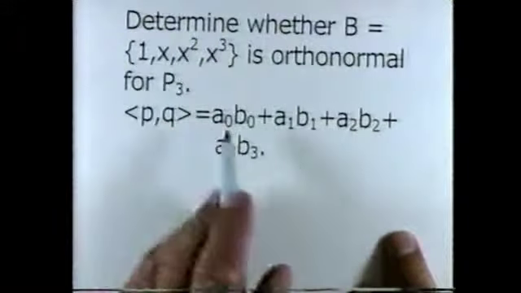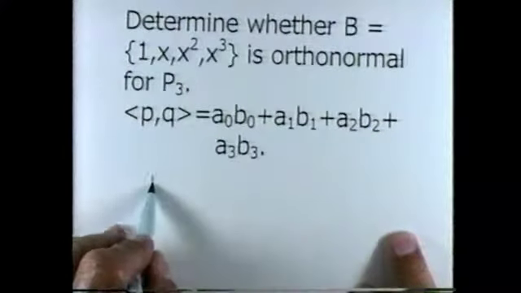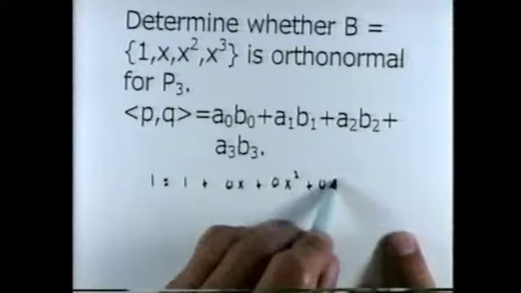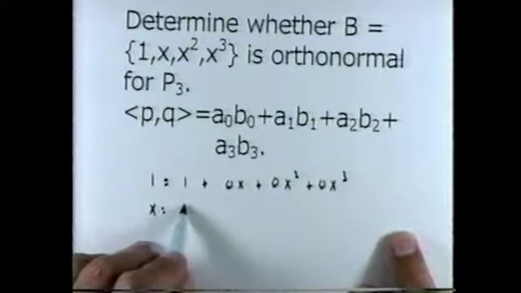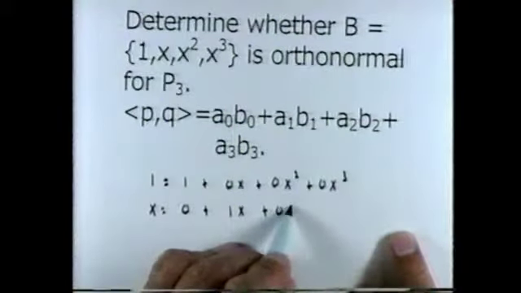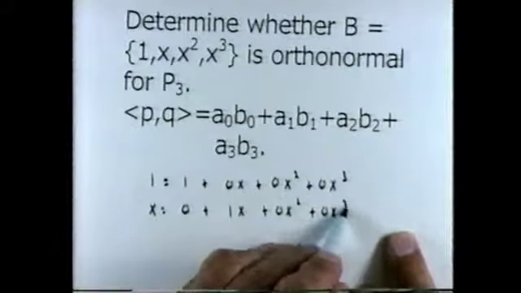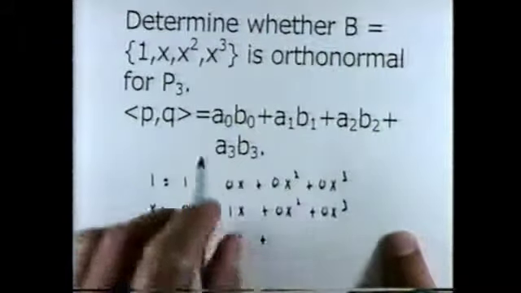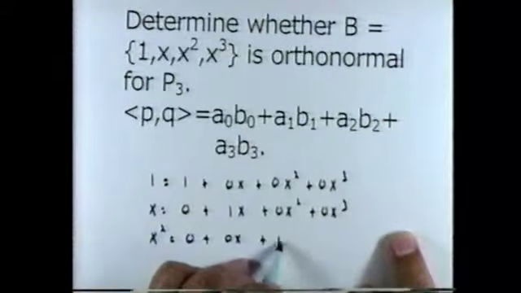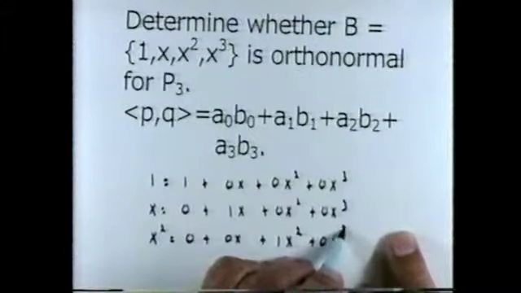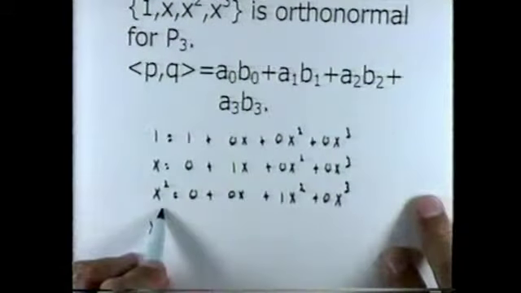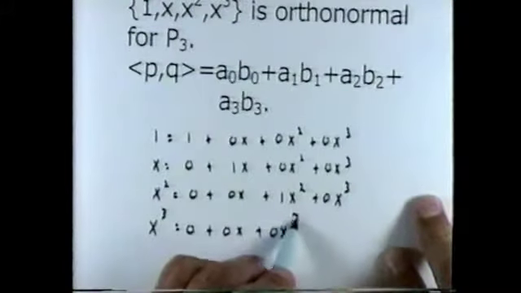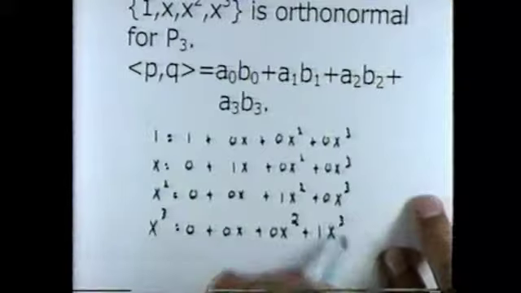Well, we probably need to write these out so you can see how this definition would follow. 1 is the same as 1 plus 0x plus 0x squared plus 0x cubed. x is the same as 0 plus 1x plus 0x squared plus 0x cubed. x squared is the same as 0 plus 0x plus 1x squared plus 0x cubed. x cubed is the same as 0 plus 0x plus 0x squared plus 1x cubed.